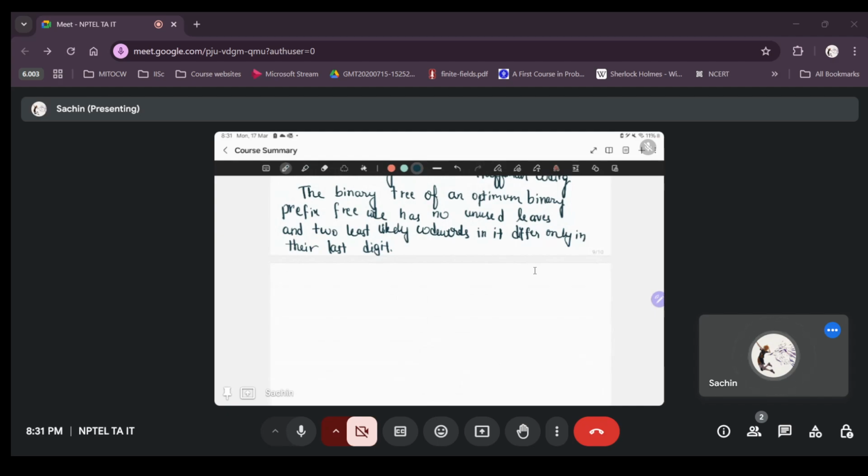If you call that r, which is the number of remaining leaves, then initially you should have D minus r least likely code words, which differ only in their last digit.